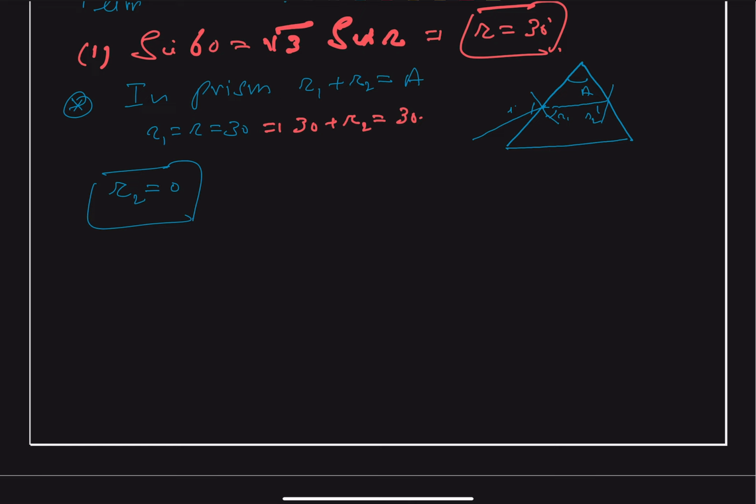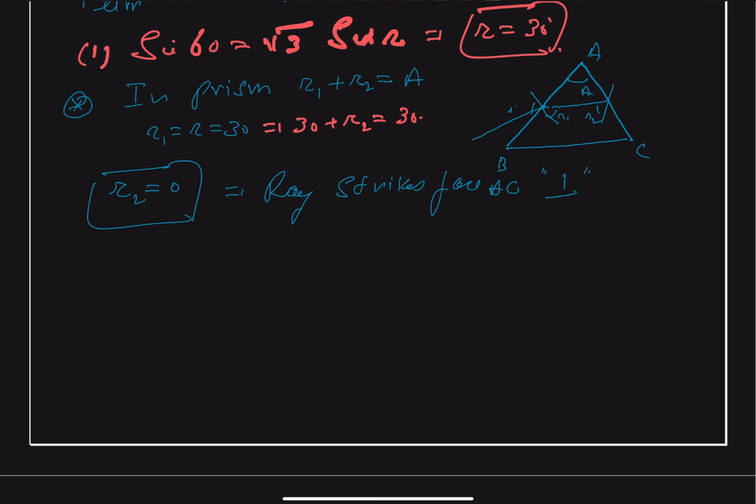So it means if R2 is equal to 0, the ray strikes face AC. So this is our face AC, this is our B. From here we can say that the ray strikes face AC perpendicularly.